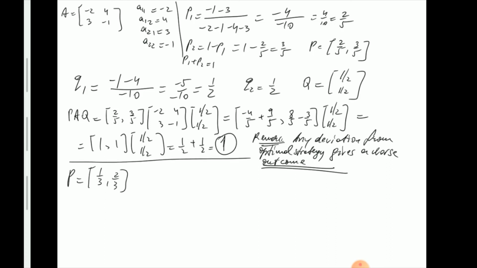And the second player will choose the optimal strategy 2/5, 3/5. Let's compute the payoff of the game again: 1/3, 2/3, times the matrix -2, 4, 3, -1.